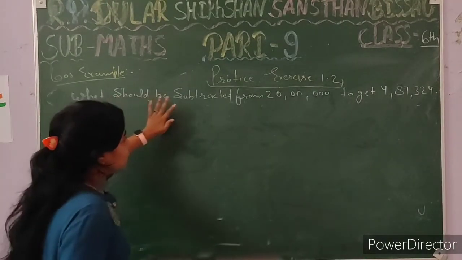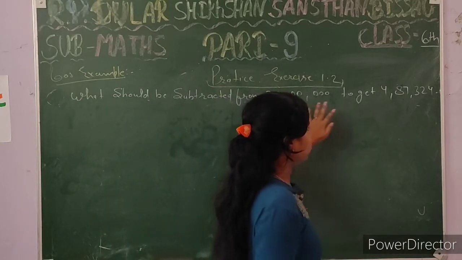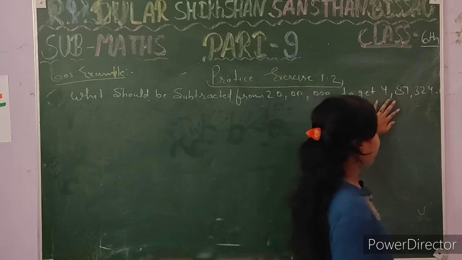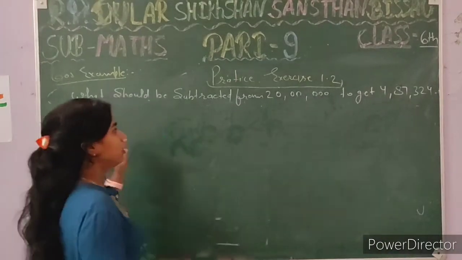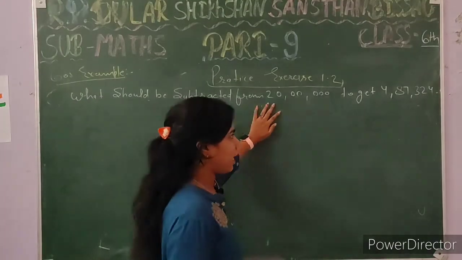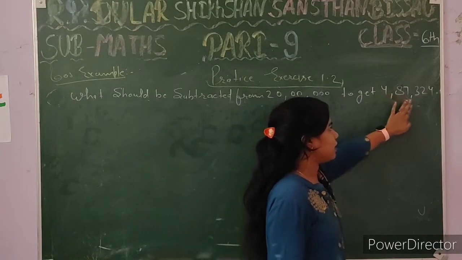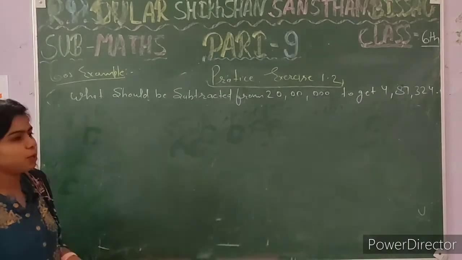What should be subtracted from 20 lakh to get 4,87,324? This is a word problem, students.